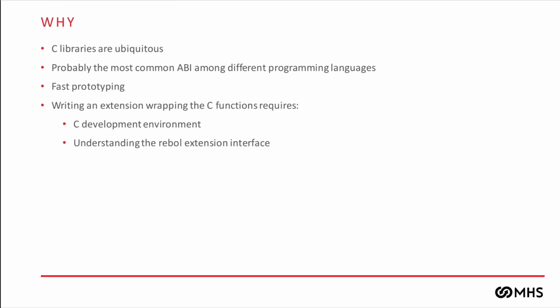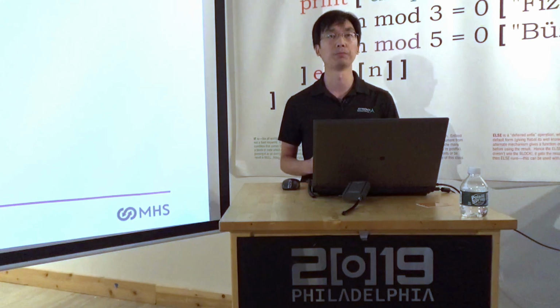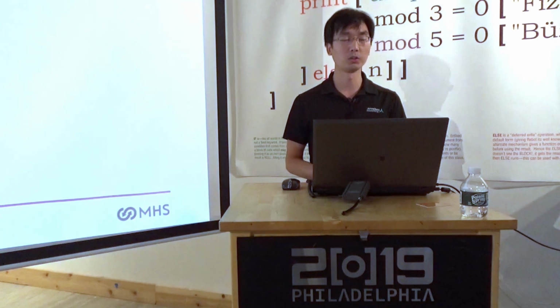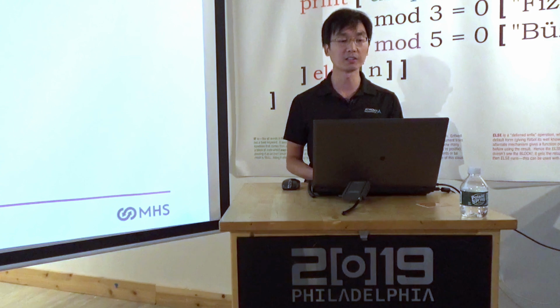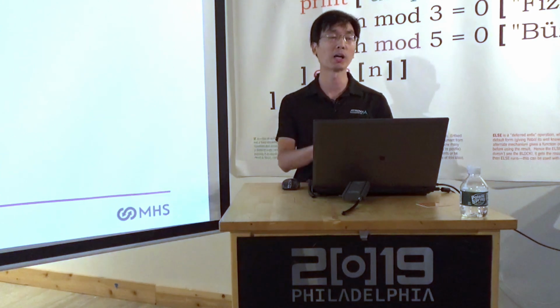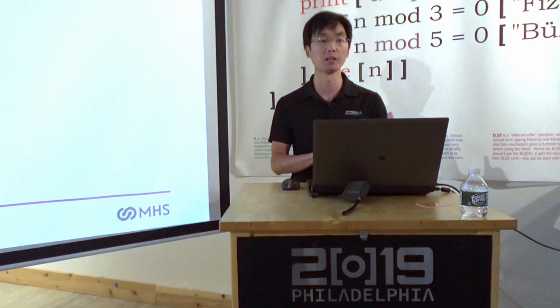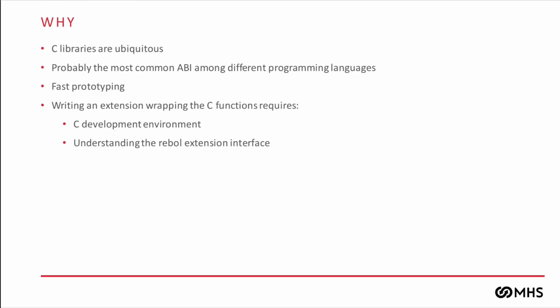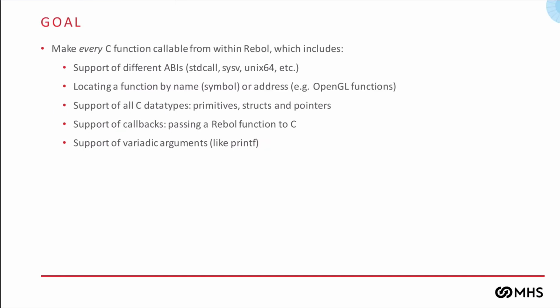Actually in Rebol, there's another way to interface C functions, which is writing an extension. But that requires a C development environment because you have to write C code, of course. And you need to at least understand how the extension interacts with the core so that you can exchange the data between them. With this, you don't need to worry about that.